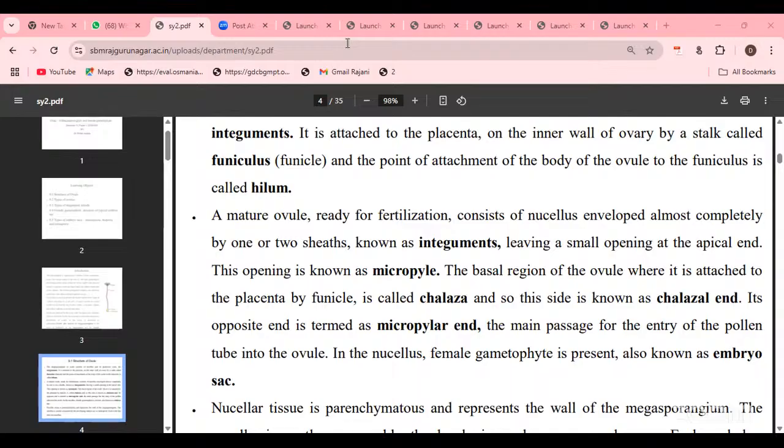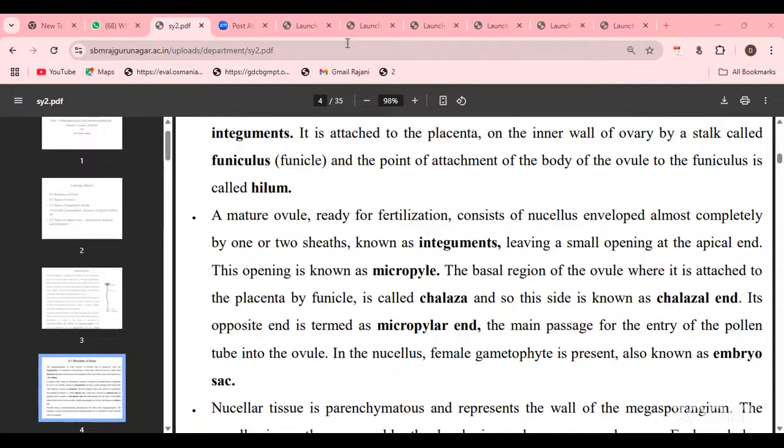So the chalazal end, its opposite end, is termed the micropylar end. It is the main passage for the entry of the pollen tube into the ovule.